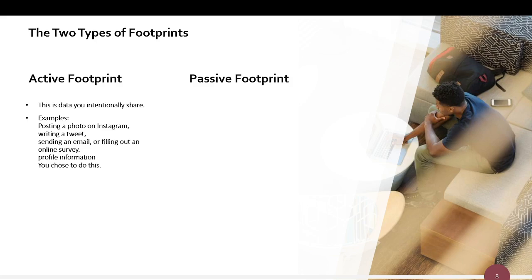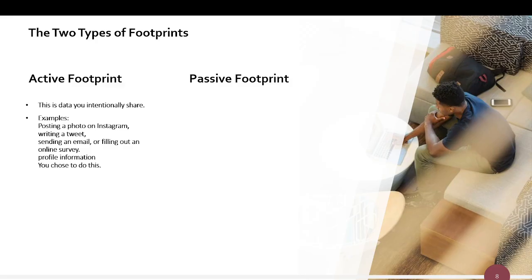The picture you post on your social media, the comments you make, sending an email or filling out an online survey. All these things are things you control, things you do intentionally. Your profile information, the information you give about yourself, you choose to do this.